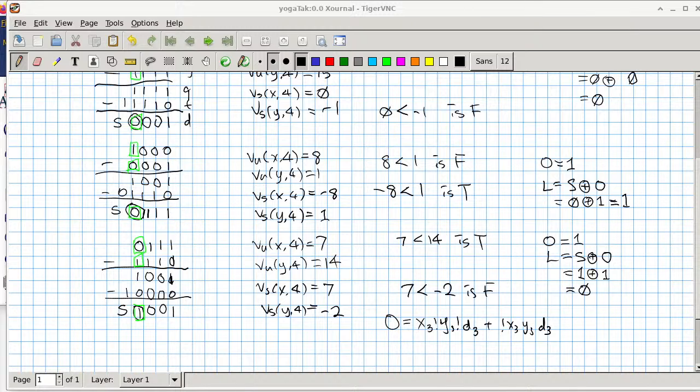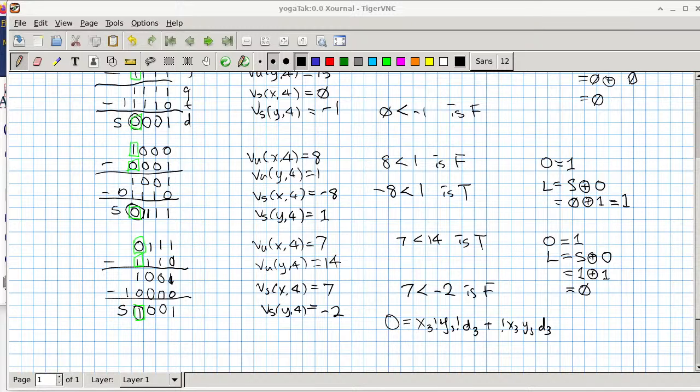Did I change the way I carry out the binary subtraction? Nope, it's still the same boring mechanical thing that we have been doing for 2 weeks. But in the end, how do we differentiate and go like, wait, this is supposed to be signed and this is supposed to be unsigned? What is the difference between when I need to know whether x is less than y unsigned versus whether x is less than y signed? What is the difference? Yep.